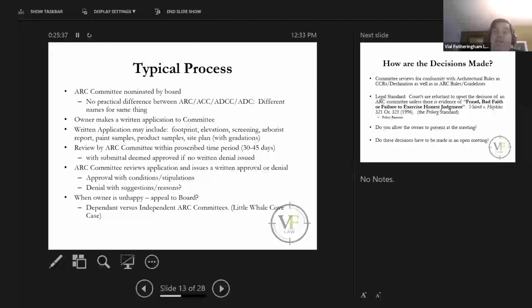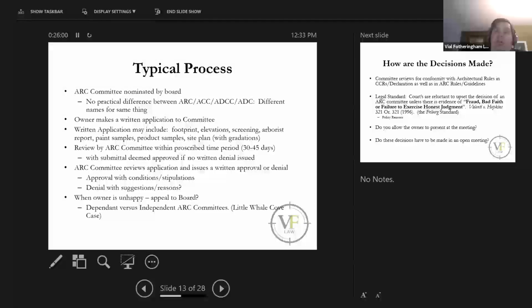If it does have that tight time frame where approval is automatic, if you don't give a written denial, then you need to stay within those timeframes. I've had a few cases over the years that have gone to court or mediation just before court, where we've had to fight over this automatic approval.